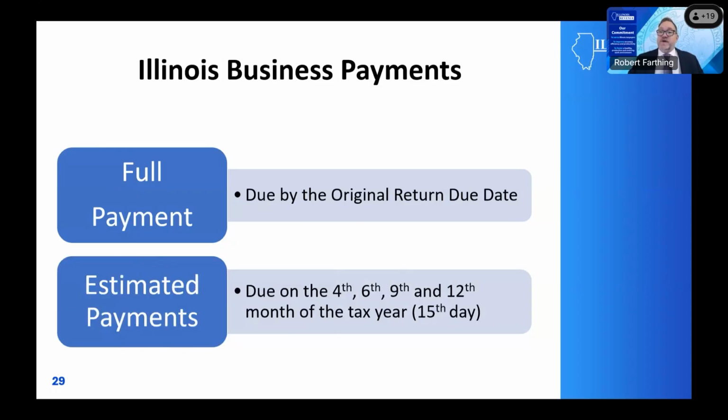For those electing to pay pass-through entity tax on an IL-1120-ST or an IL-1065 return, the estimated payments are due for tax liabilities of $500 or more. In each case, these quarterly payments are due on the 15th day of the 4th, 6th, 9th, and 12th months of the tax year.